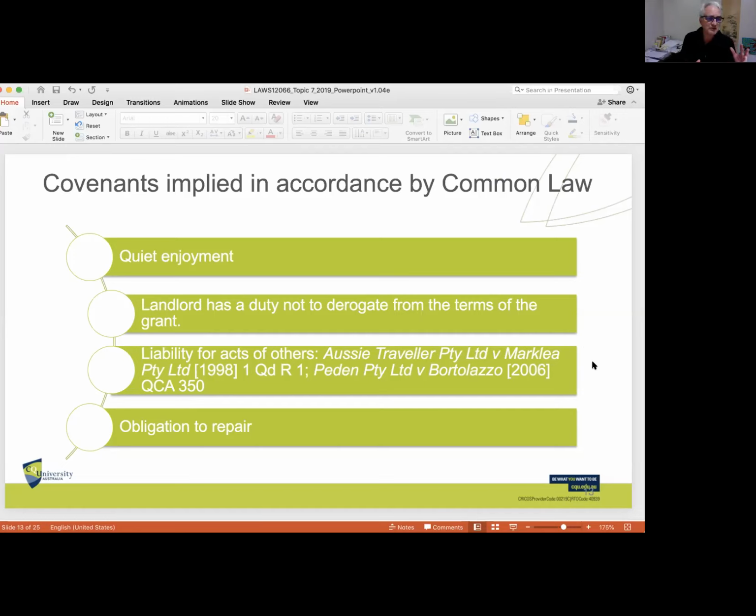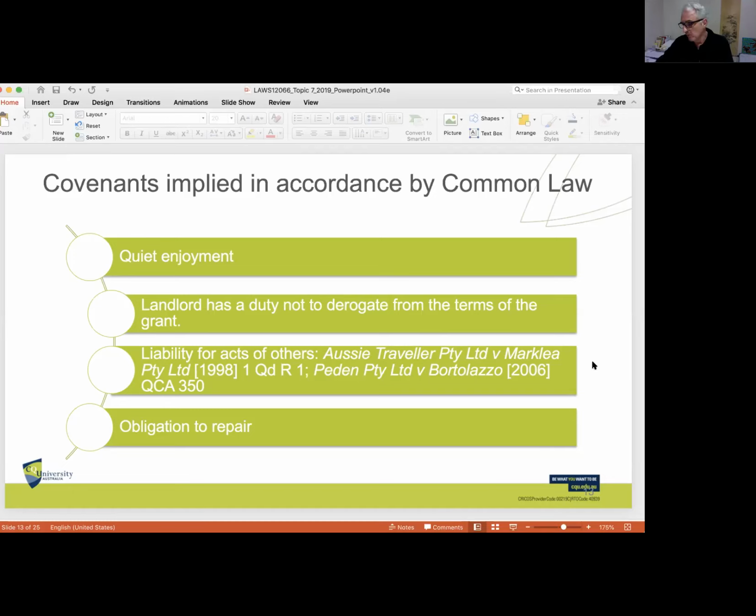Now, we refer to these as covenants rather than terms because they're in this property law relationship, and as you will appreciate, a covenant is a term of special significance and importance. This is not a contract. Okay, so we've moved beyond this idea of an agreement to lease. We're now looking at an actual lease. It's a property law relationship, and the rights and obligations between the parties are found within the covenants.